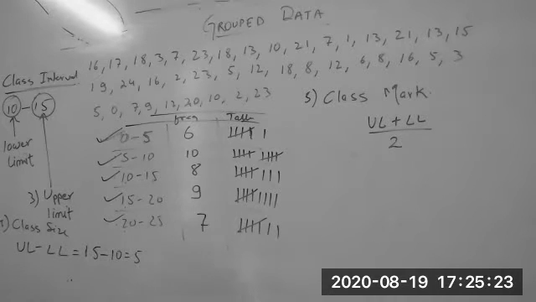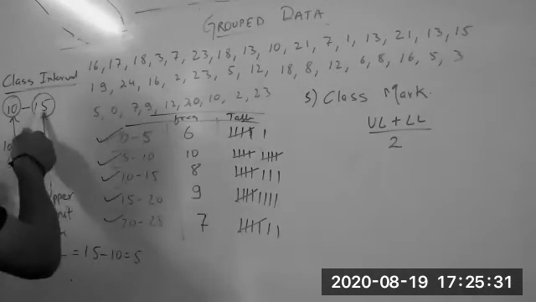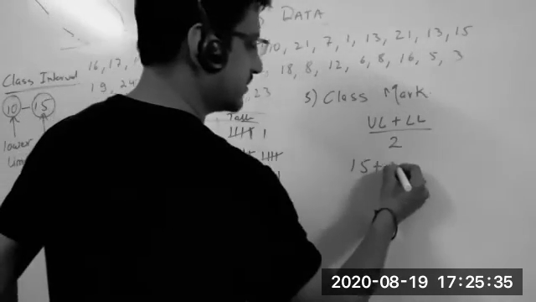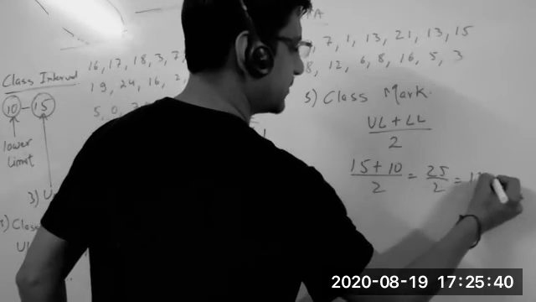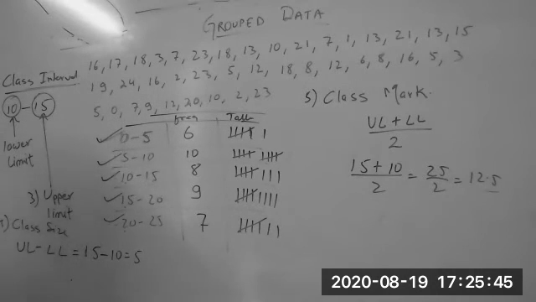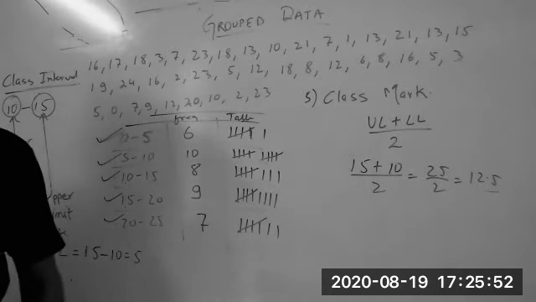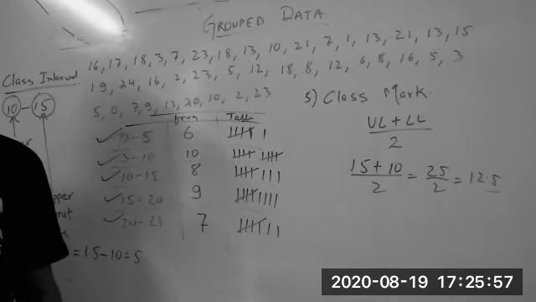Sir, I didn't understand the class mark, sir. Class mark is upper limit plus lower limit by 2.